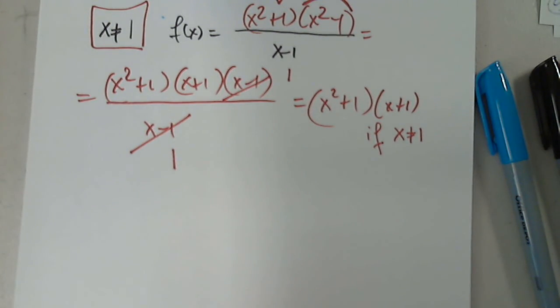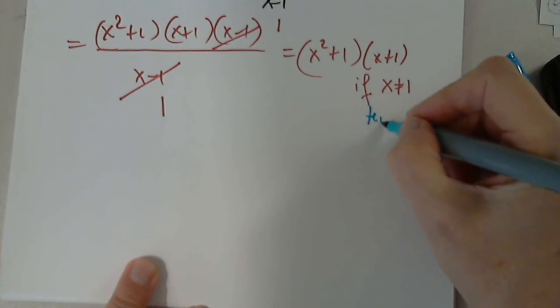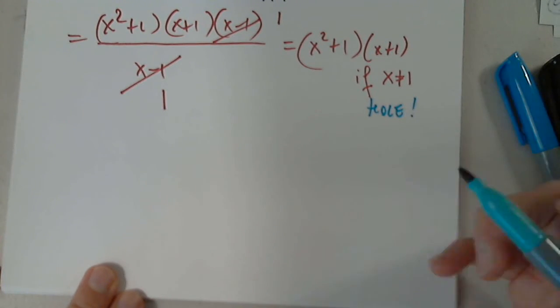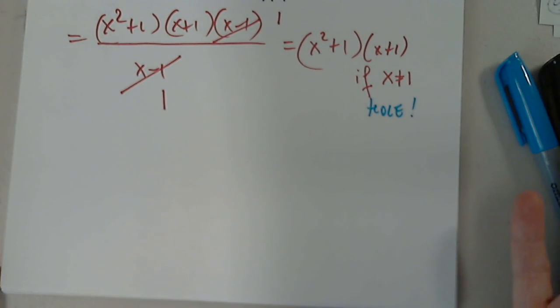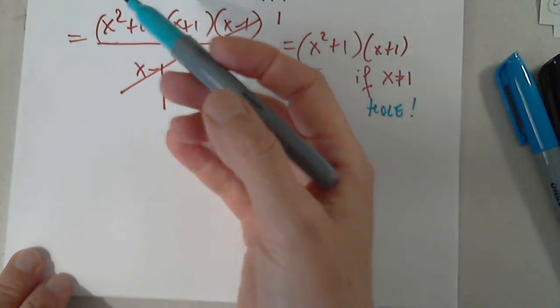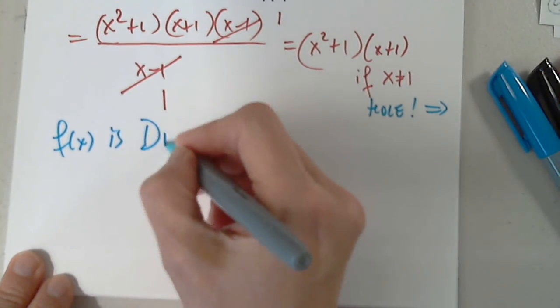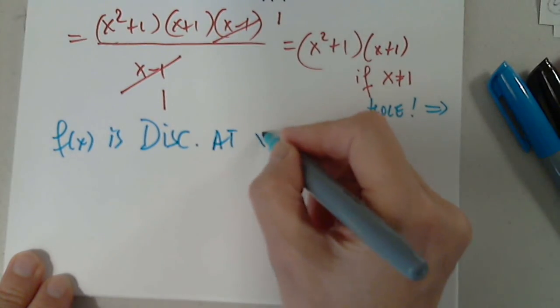Anyone remembers? There's a hole in the ground. Excellent, thank you very much. So we already know that this is a hole in the graph. Very good, awesome. So if it's a hole in the graph, the function is not continuous at 1. It cannot be. It's undefined at 1. So therefore, I know that f of x is discontinuous at x equals 1.